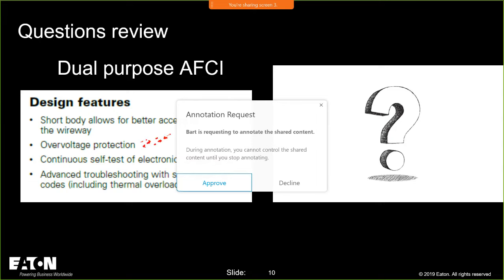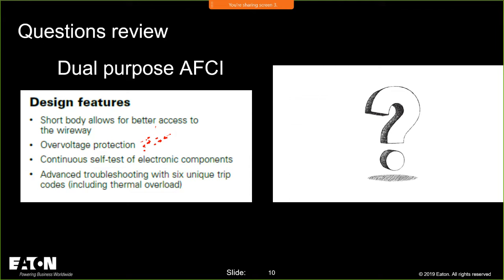Now you'll notice here too, and I was just looking at the information, they have on there that it provides overvoltage protection, which I think is pretty cool. That basically helps preserve the electronics inside. So if I can clear an overvoltage, just like a surge device does, but I'm basically providing some protection for that device internally, I can save you having to replace it.